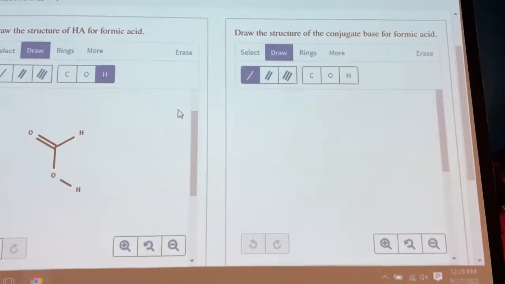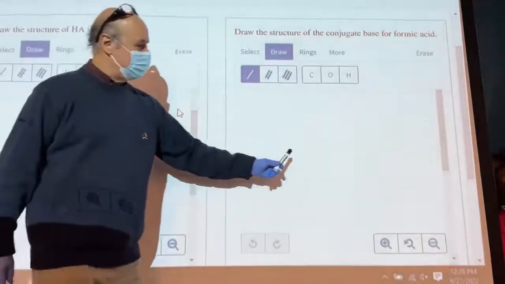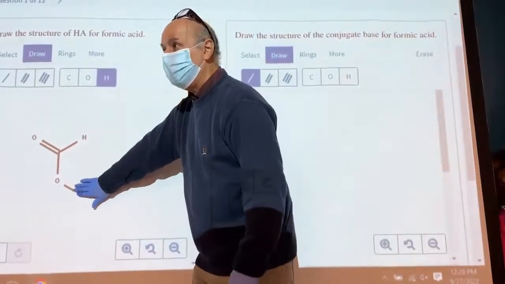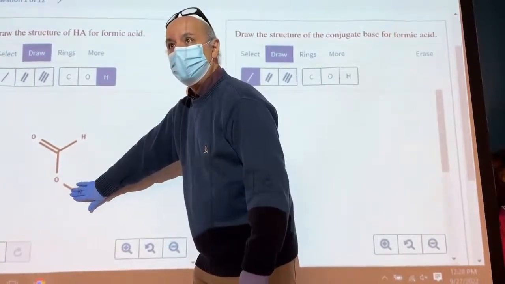Okay. And now they want the conjugate base of this acid, and we already know that all we're going to do is remove that and put a charge of -1.